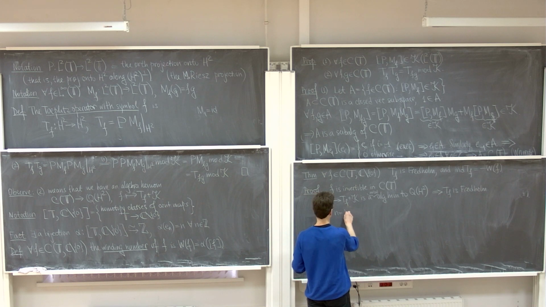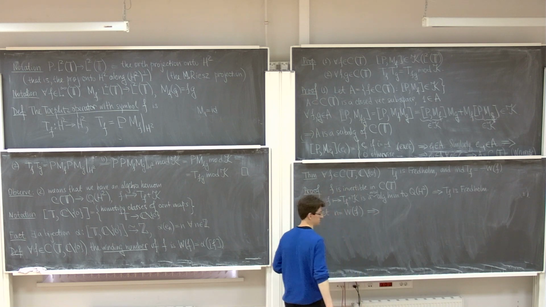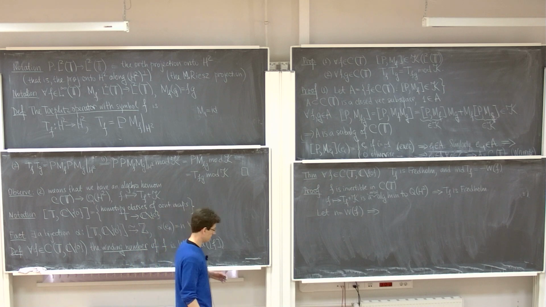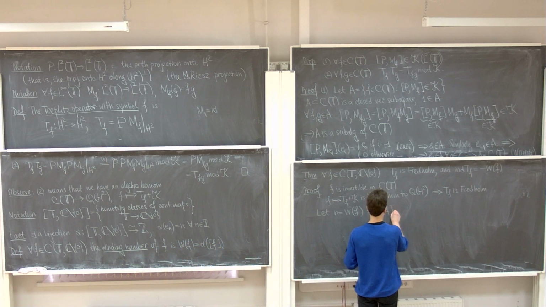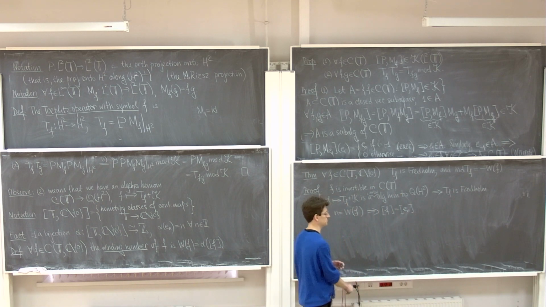Let n denote w(f). Then since alpha is a bijection, we conclude that f is homotopic to e_n.